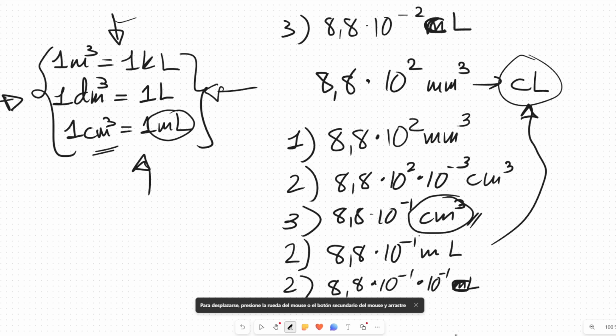Okay, so we've seen how to change between area units, how to change between volume units, and how to change between squared and cubic units. As you've probably seen, this example is a bit more difficult than the other one, but it's just because we have no direct conversion.